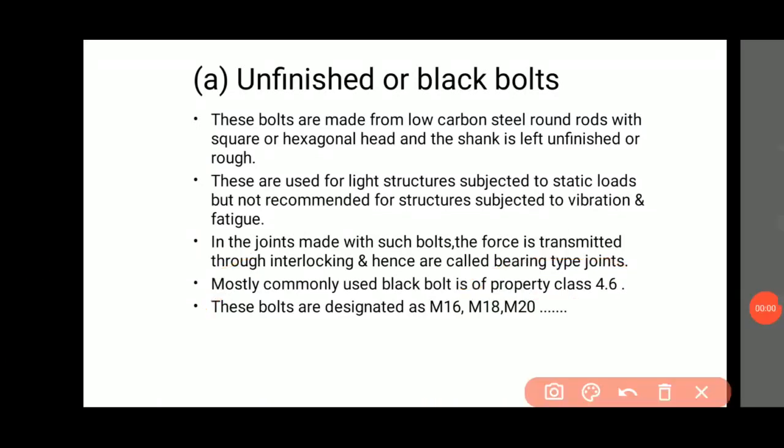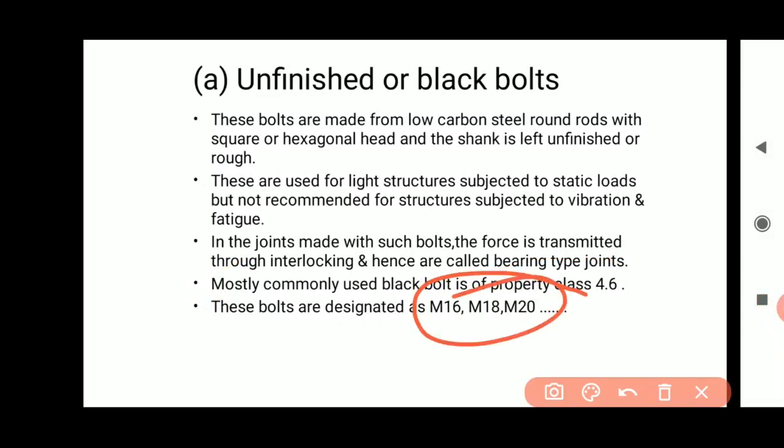So if in a question a bolt of M16 is given, then 16 is the nominal shank diameter. Let a bolt of M16 be given, then the nominal shank dia is 16 mm, and M stands for metric unit.